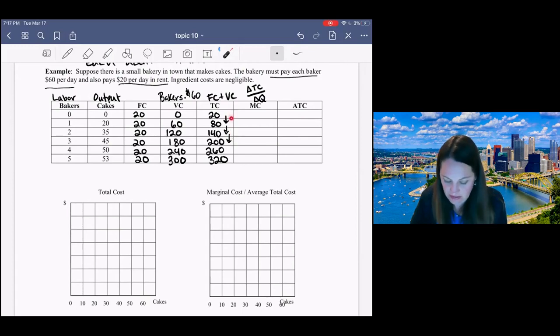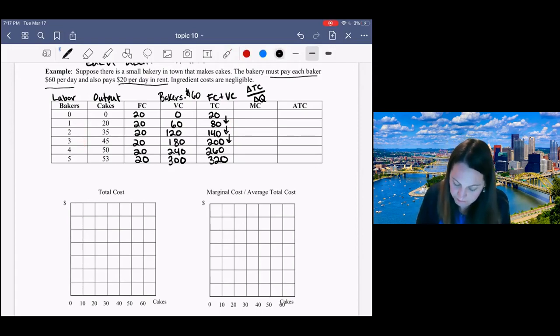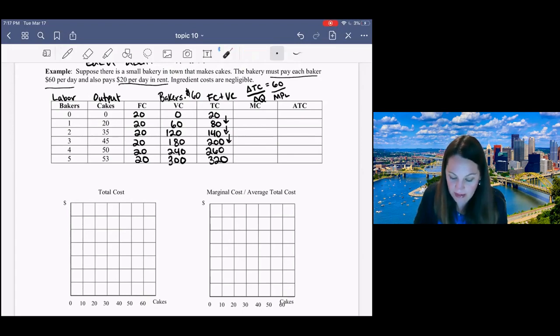The difference is always $60 because the only difference between these rows is that I'm hiring 1 more baker, and each baker costs me $60. The denominator of this fraction is the change in quantity. So now we're wondering, as I hire each additional baker, how much more output does that produce?